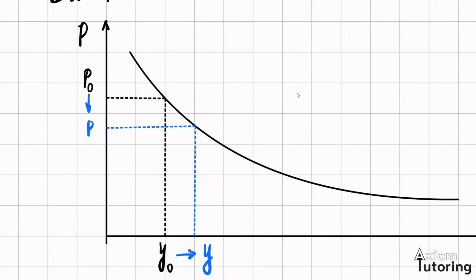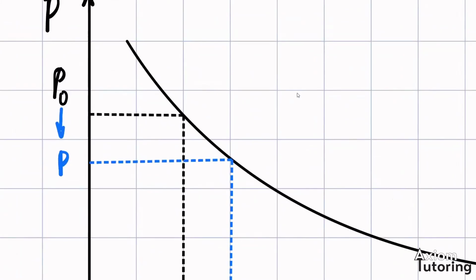Okay, so how can the approximation be represented here? We're actually taking the derivative at the original point here. Okay, so let's just try to draw a tangent straight line here.